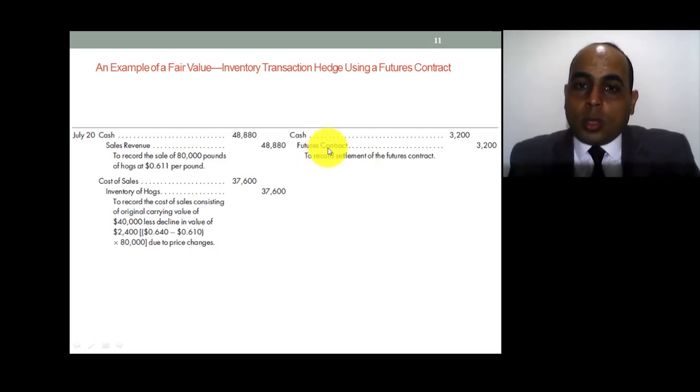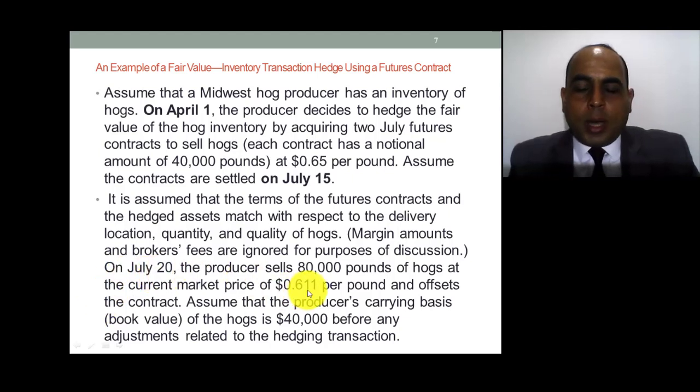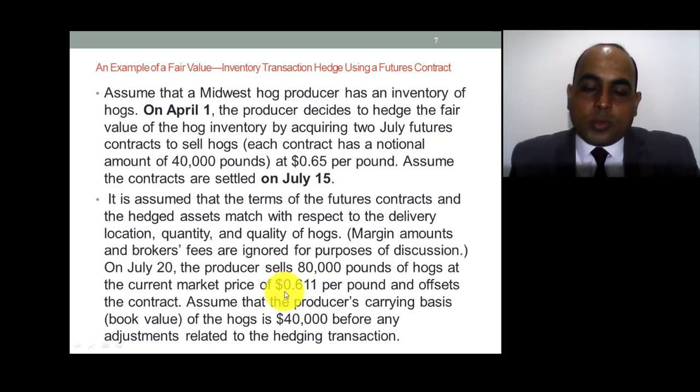Here, after we record this entry, the balance of the future contract will be 0. On the other hand, we sold the inventory on July 20 at 0.611. We have sold 80,000 units.